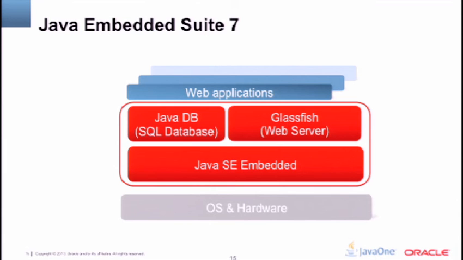We removed EJB support and really brought the web profile of GlassFish and put it on Java SE Embedded. We also took Java DB and combined it all together. So now you have a mini enterprise-grade server running on a very small footprint device. And you could just write a web application, deploy it, and get running.